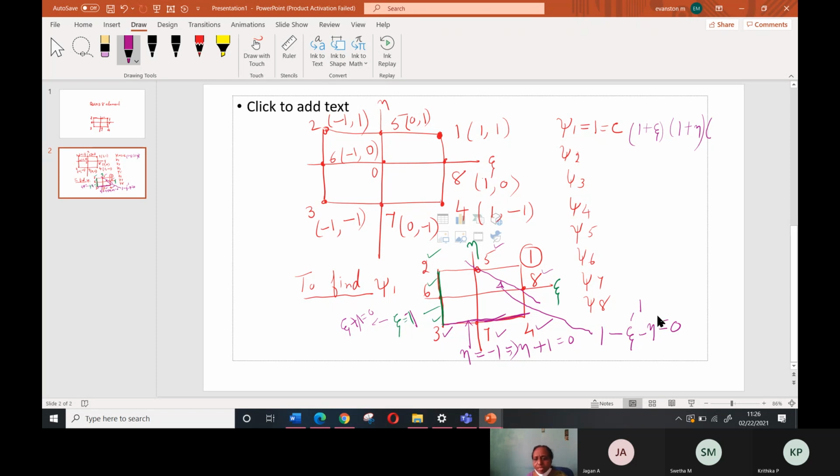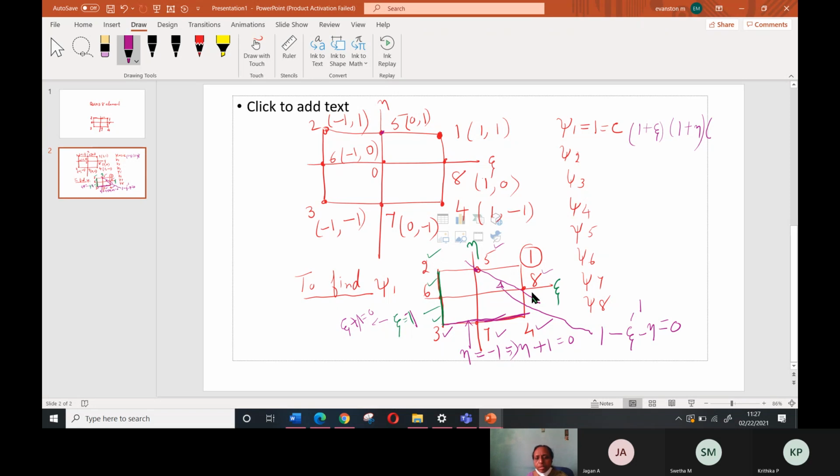So this equation is going to satisfy for the 8th node. When I go to the 5th node, what will happen? At the 5th node, the value is 0 and 1. So 1 minus 0 and eta is equal to 1. So 1 minus 1 is equal to 0. So this is the equation of the line 5 and 8.